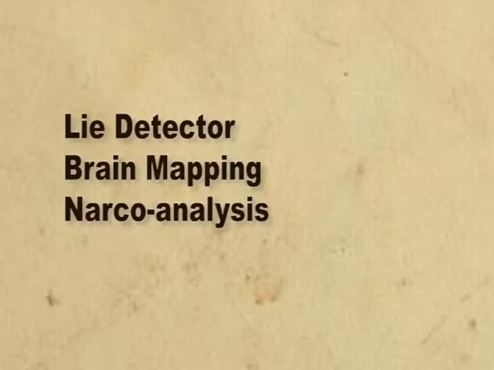Recent times have witnessed an epidemic in the use of contemporary scientific techniques such as the lie detector, brain mapping and narco-analysis. The polygraph testing instrumentally measures several psychological methods, for example the heart rate changes in these processes.